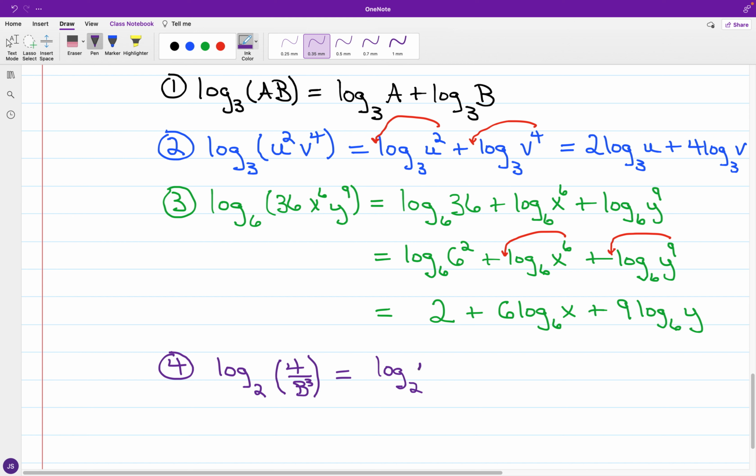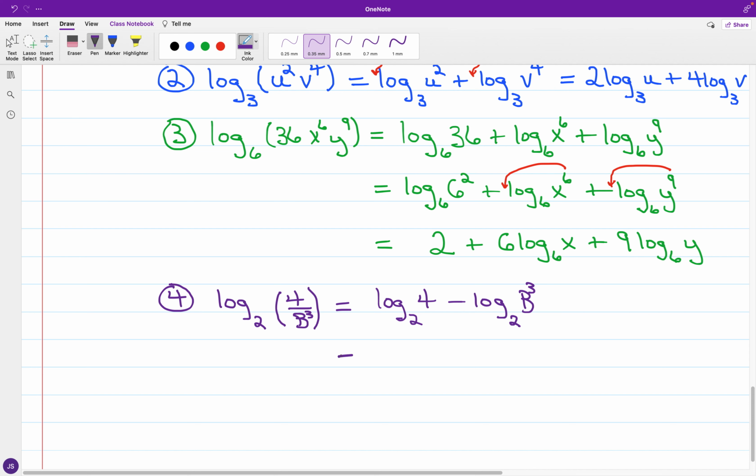So here we have the base 2 logarithm of 4 minus the base 2 logarithm of b to the 3rd. I'll mention that whatever is at the top of the argument gives a positive logarithmic term, but anything in the denominator will have a negative logarithmic term formed.